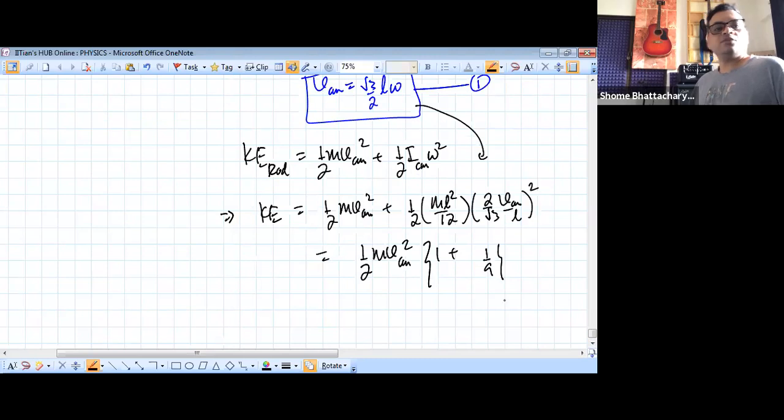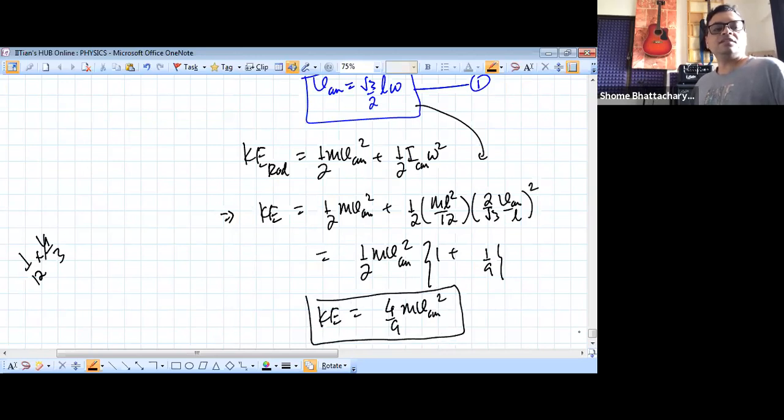Just check my calculation. This factor is 1 by 12 into 4 by 3. Yeah, so 1 by 9. So this will become 5 by 9 m VCM square. This is the kinetic energy.